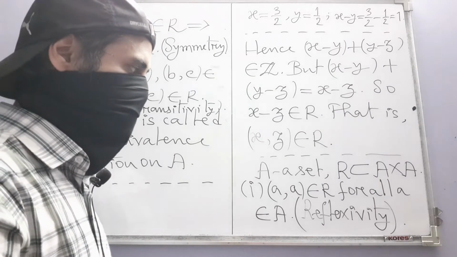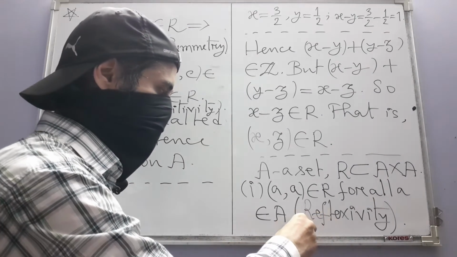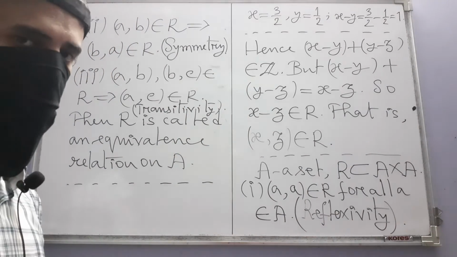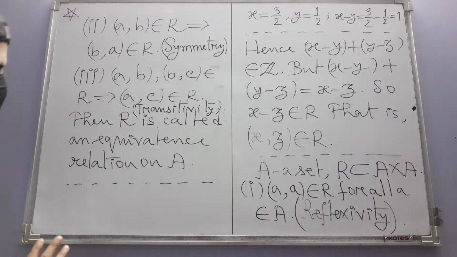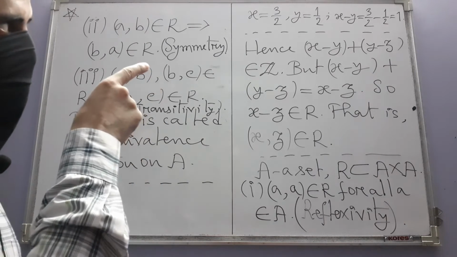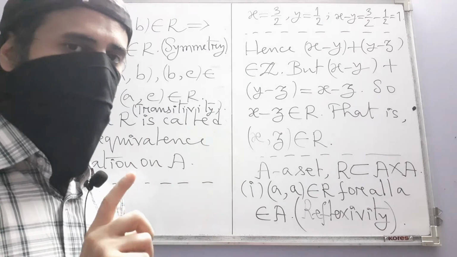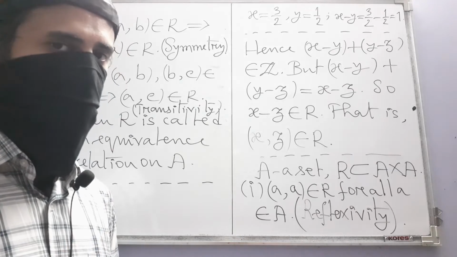There are relations which satisfy, say, only reflexivity but not the other two, all possible combinations. There are examples supporting those cases. That means we have seen above an example of an equivalence relation on the set of rational numbers.